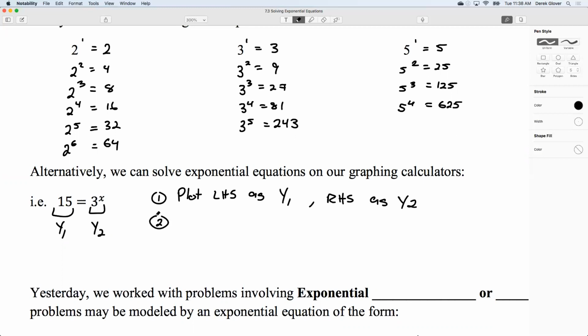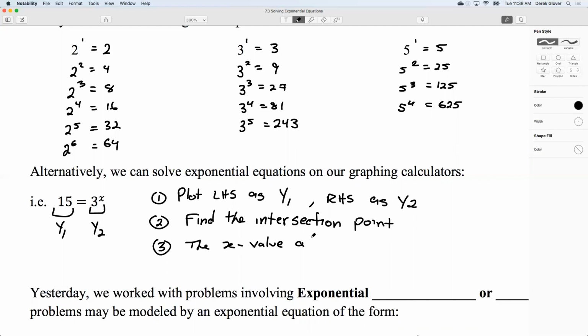Step 2 would be to find the intersection point. And then step 3, I guess, is going to be answering the question. The x value at the intersection point is the answer.